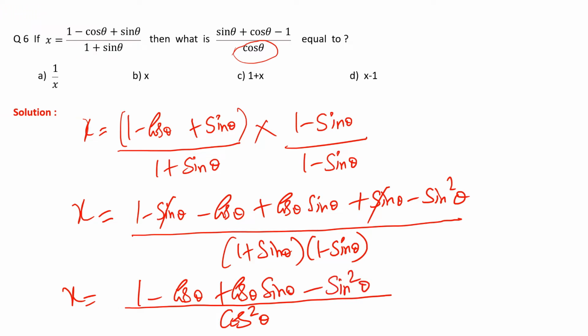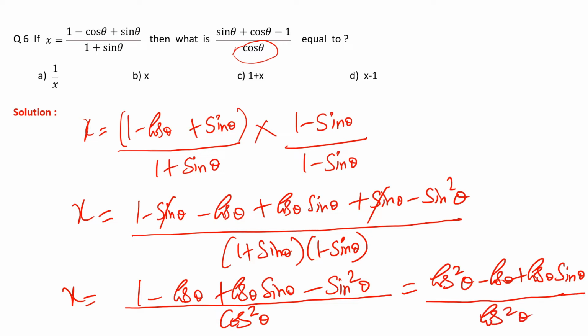Now students, 1 minus sin square theta is how much? 1 minus sin square theta is cos square theta. So the numerator can be written as cos square theta minus cos theta plus cos theta into sin theta, and denominator is already cos square theta.